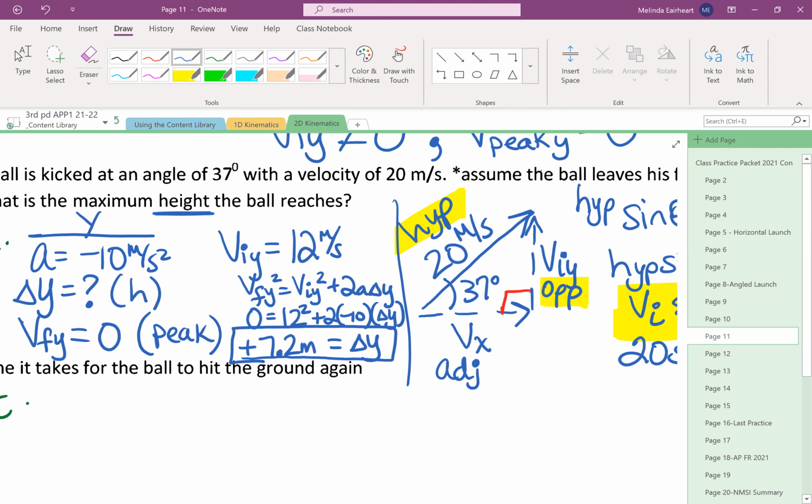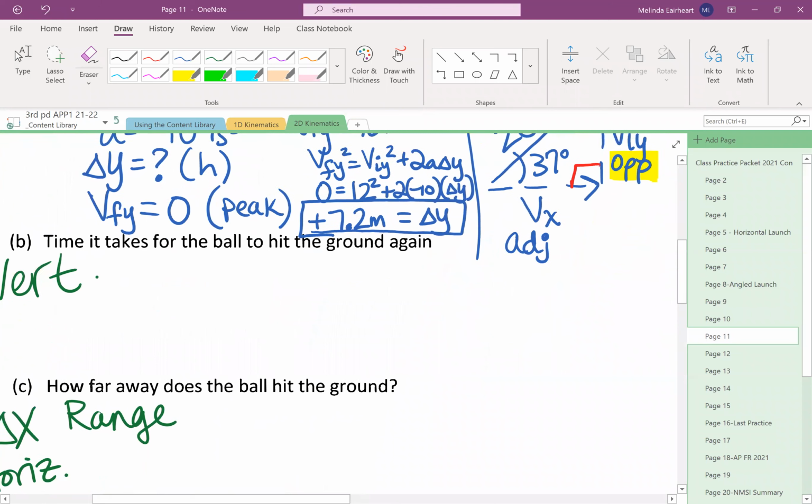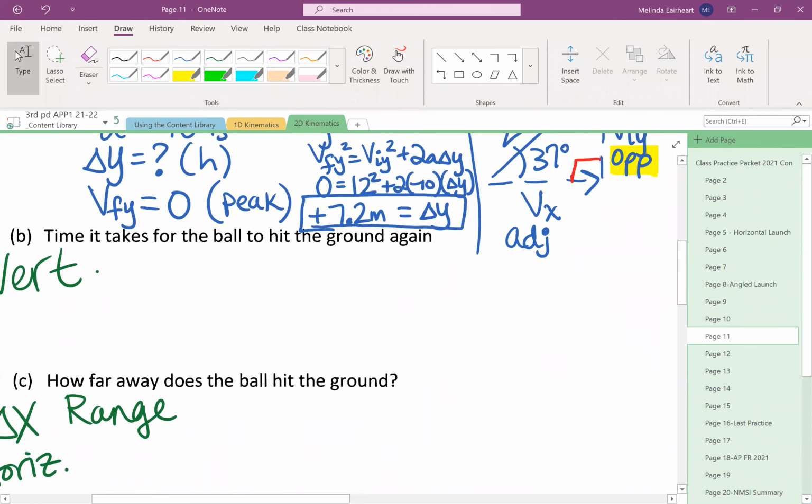Or we could have, if you're like, oh, I hate the third equation, I never want to use it again, right? We could have come down here and done B first with one little modification. Look at B. What is the time it takes for the ball to hit the ground again? Now, if you remember the picture, I said it's symmetric, right?